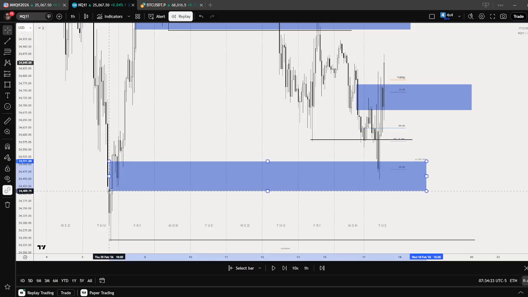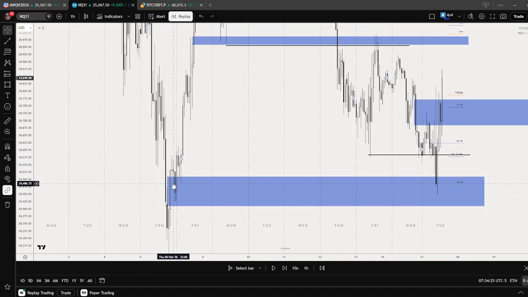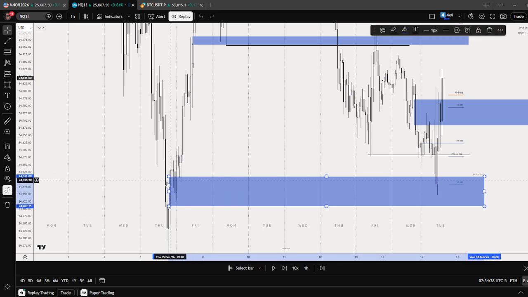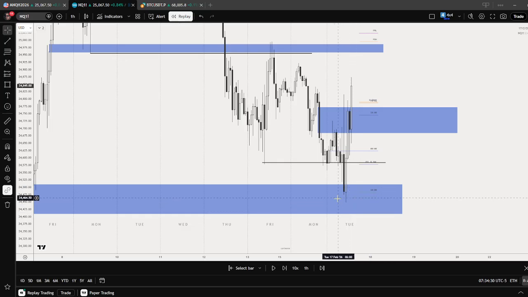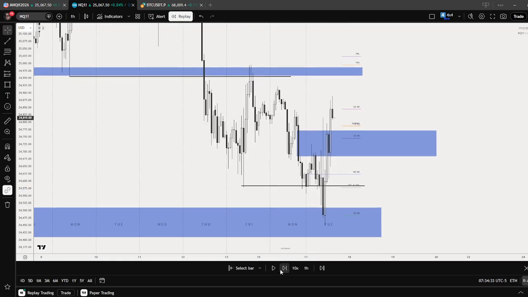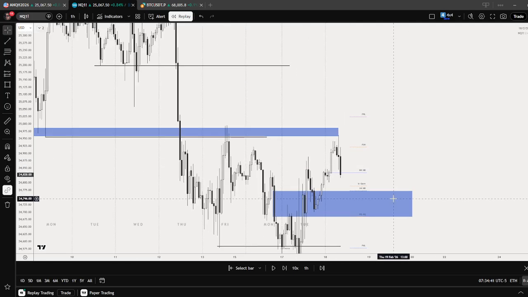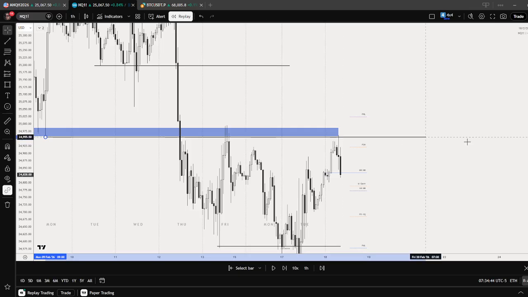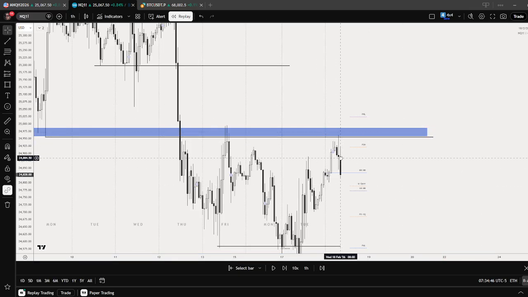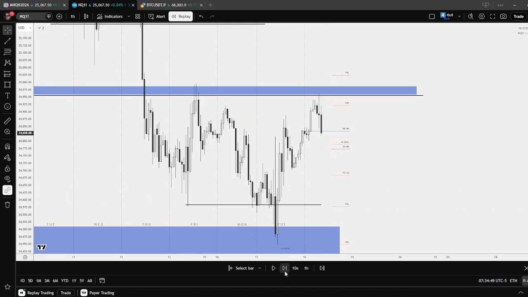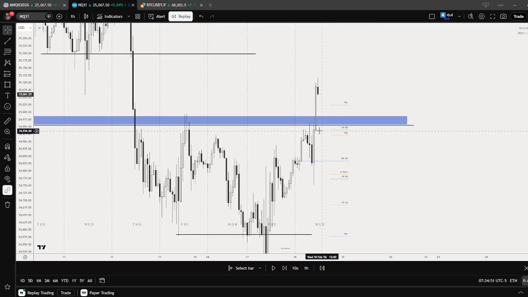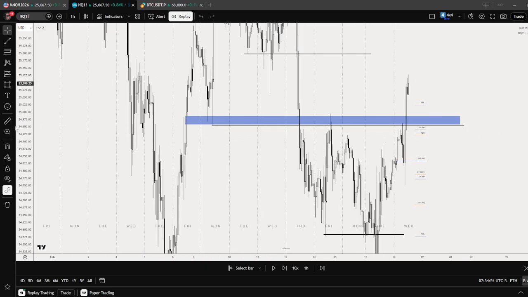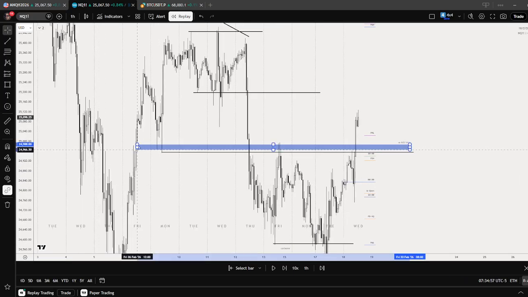The first fair value gap of the leg higher. I annotated that fair value gap. Take a look how we reacted off it. Now we have a little bit of a consolidation, but still this area is working very well. And basically now the institutional flow is switched because we closed above the POI.